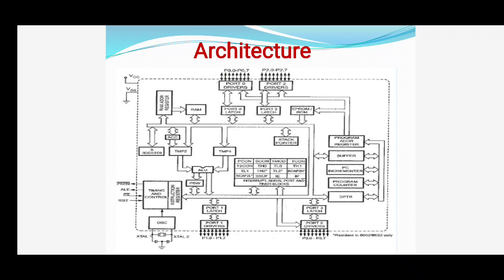Next are port 0, port 1, port 2 and port 3. As we discussed earlier, all are 8-bit ports. You can see P1.0 to P1.7, similarly P0.0 to P0.7 and so on. Latches and drivers are connected to all the ports.